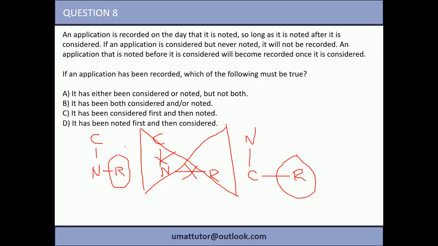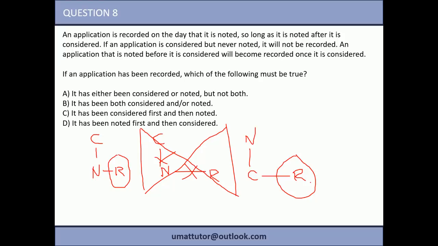In this first situation, it's been considered and it may have also been noted, but not necessarily because it is on the same day. So the order of these two can be swapped around because they are on the same day. Likewise here, if it's this situation, the application has been noted and it may or may not have been considered based on whether the consideration or the recording happened first on that particular day. So option B looks pretty good. It fits both those pictures.